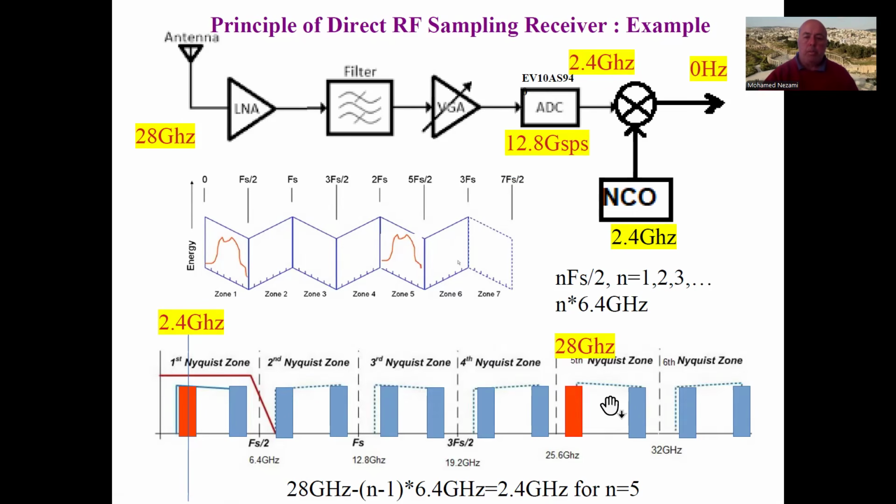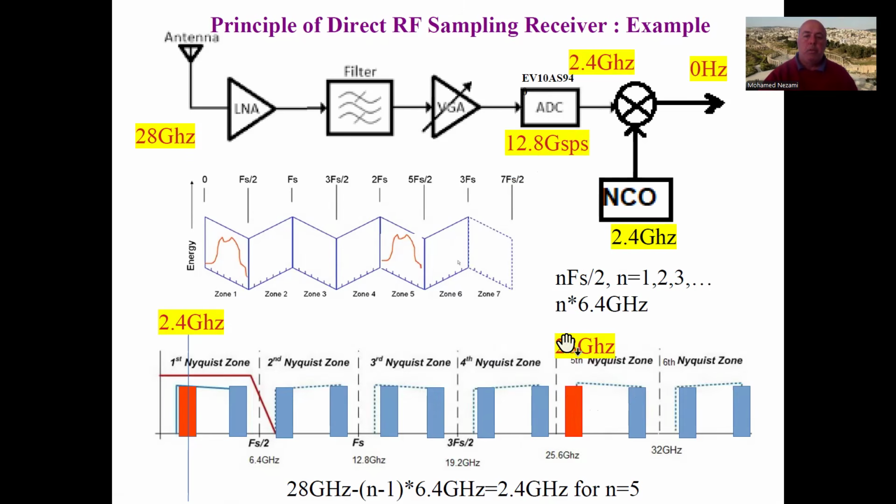So when we look at this now, and assuming that the ADC really can capture such signals, and of course this EV10AS94, if you look at it, has a bandwidth that can pass that signal. We located one of the, here's where the 28 gigahertz is set.